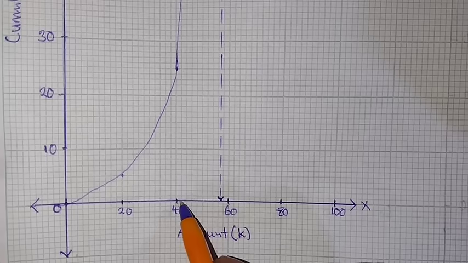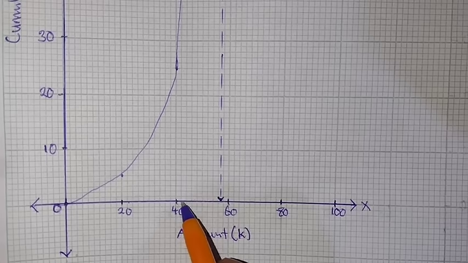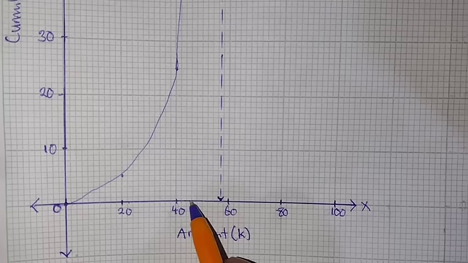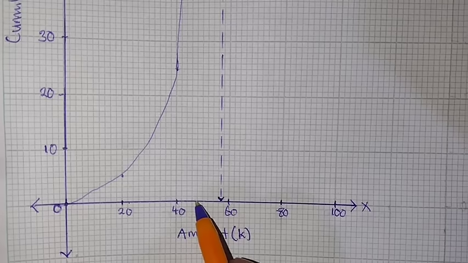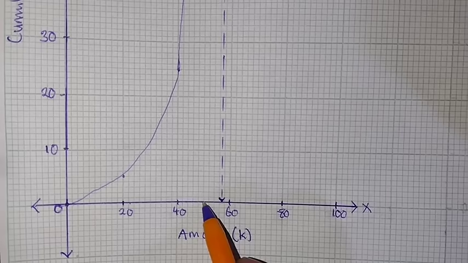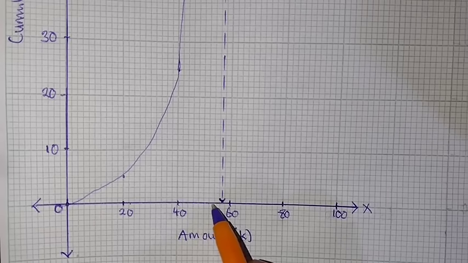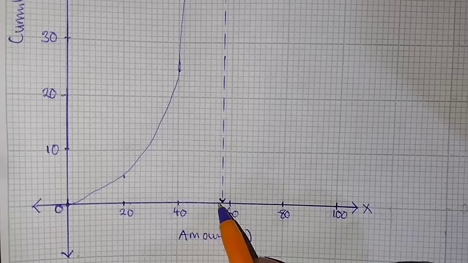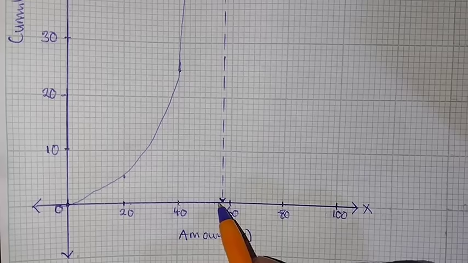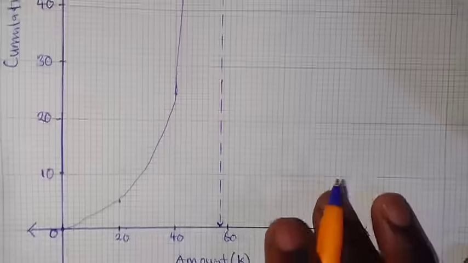So this will be 42, 44, 46, 48, 50, 52, 54, 56. Now it's in the middle, so you can say 56.5.